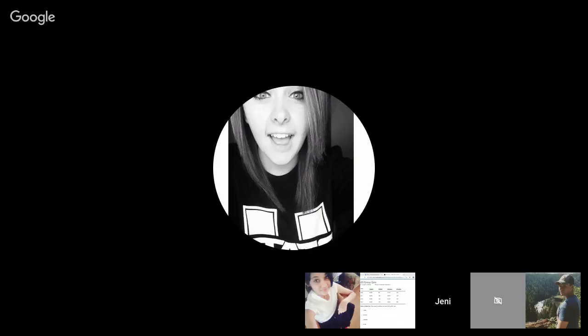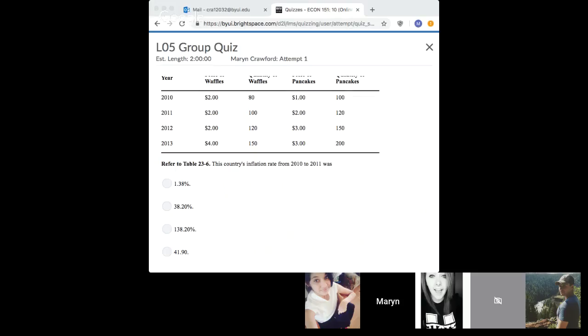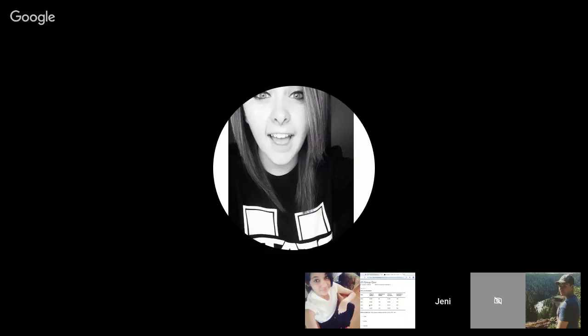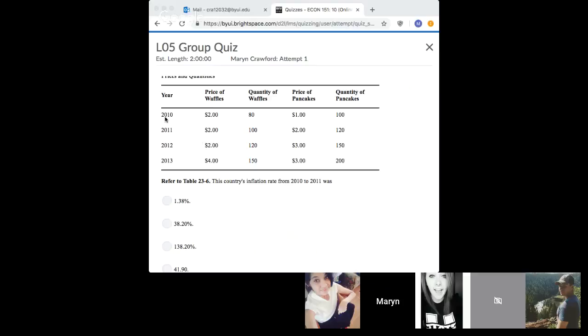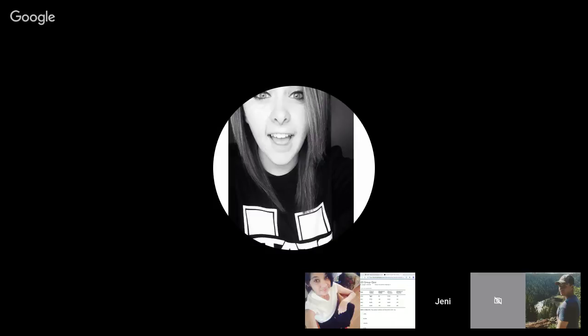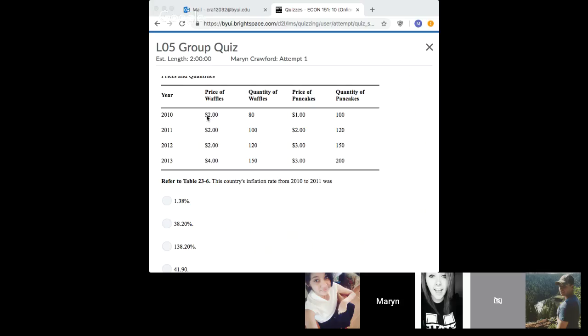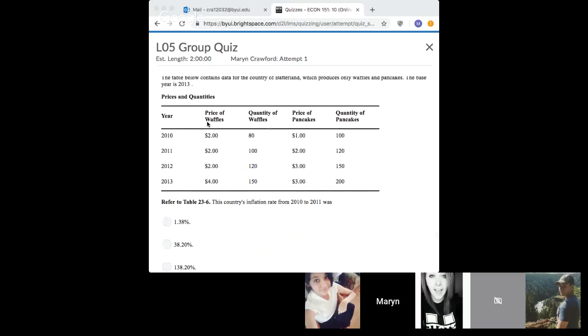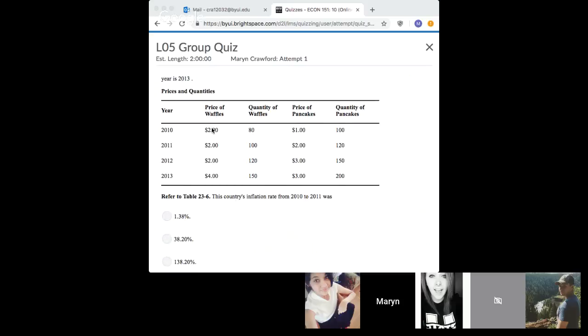So we're just looking at 2010 and 2011. So for the nominal GDP, you do it by the price of that year. And then for the real, you do it the price of the first year.